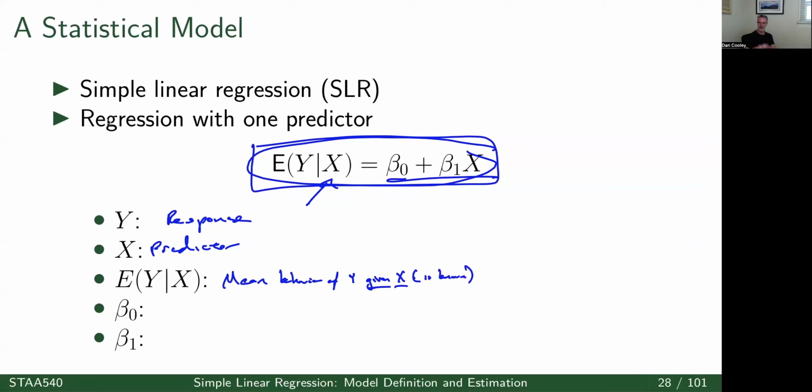So really our model is conditional on x. Beta naught is the intercept as before. Beta 1 is the slope.